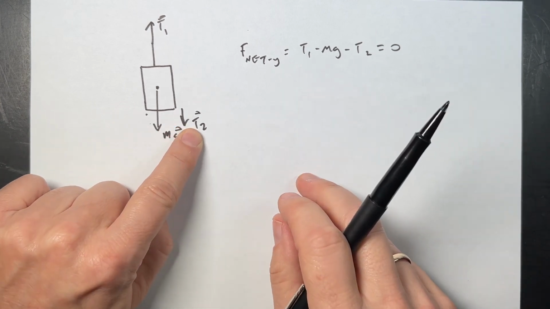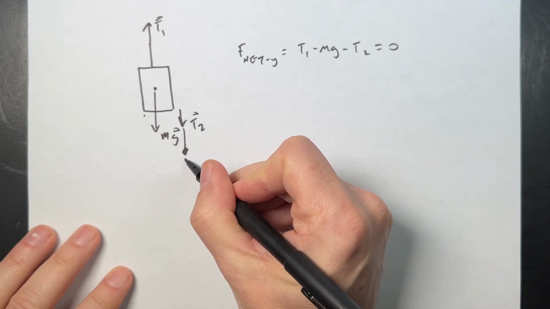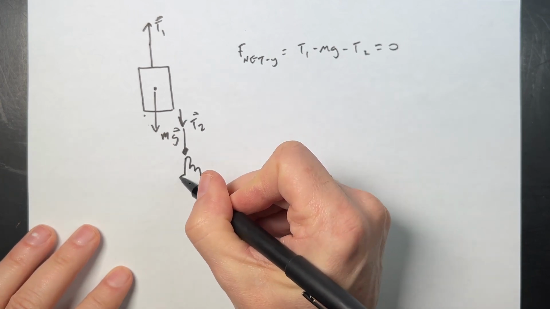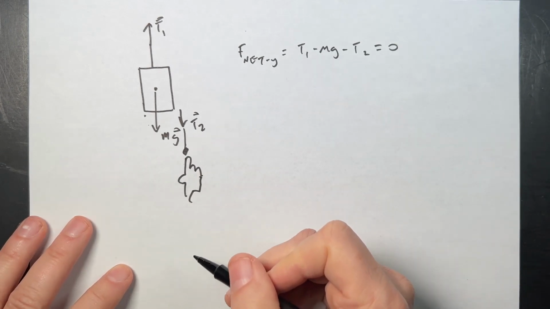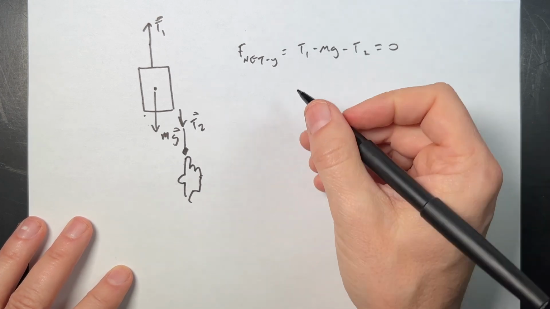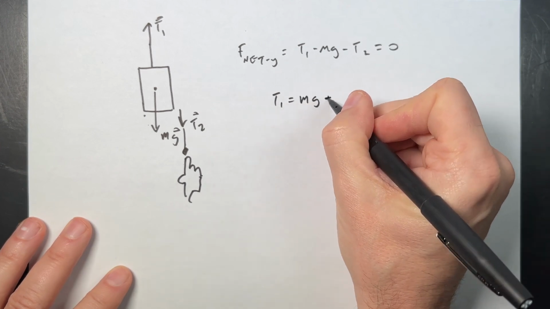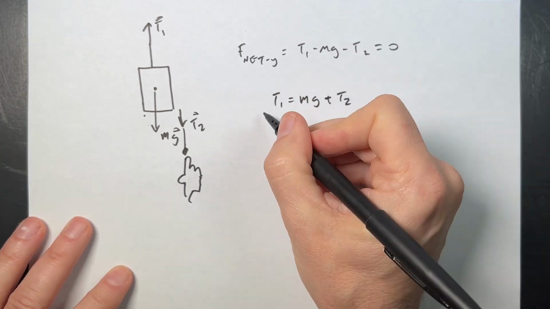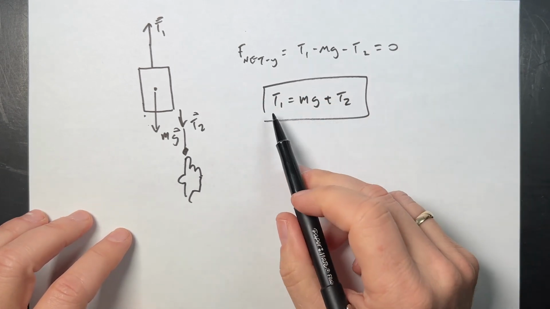Now I can control the value for T2. I can pull on this, because there's a string and my hand is right here. I'm pulling down on it, so I can pick whatever value I want that to be. So I can solve for T1. T1 is mg plus T2. So no matter what value I pick for T2, T1's going to be greater.